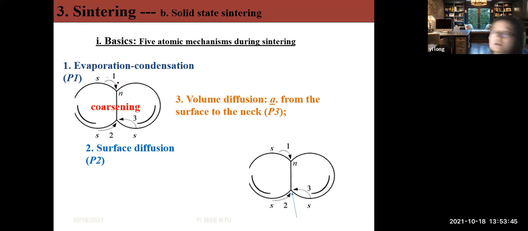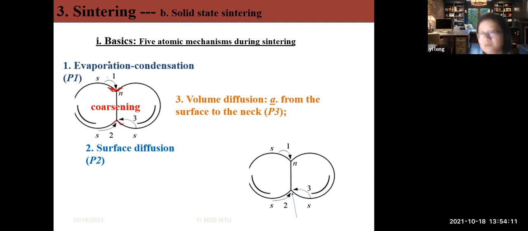You can see the destination of all the atoms actually are all what? Shenjie, Yuja, what's your opinion? The destination of the atoms, everything goes to where? Goes to this place, this neck, okay?